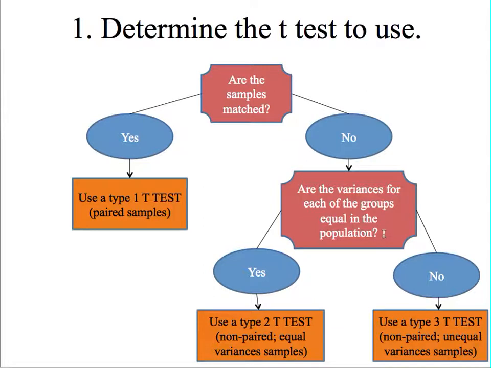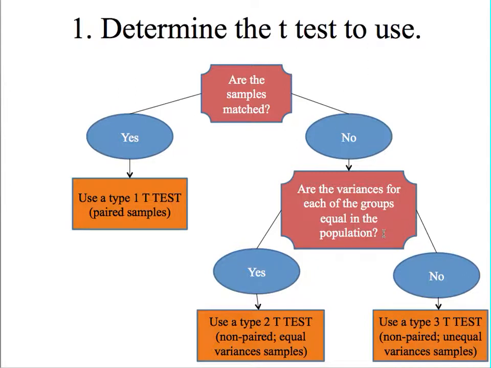Are the variances for this interval level variable that we're interested in, does it vary between groups? Using our example, this would mean that the variance of GPA is not equal for males and the variance of GPA for females in the population.